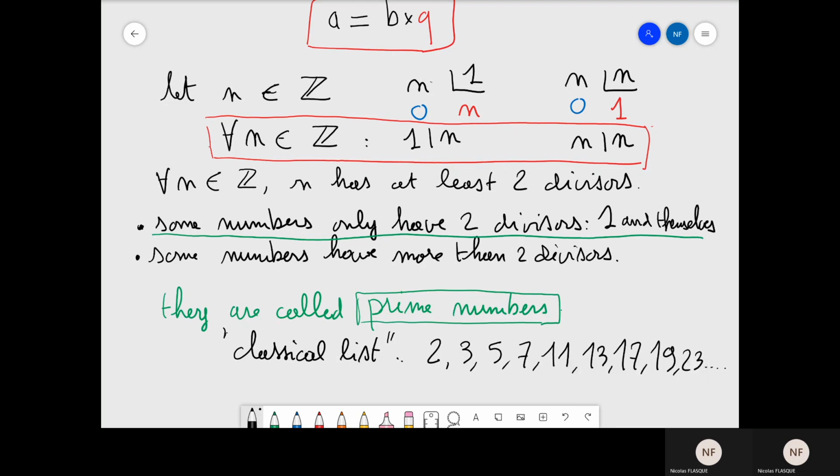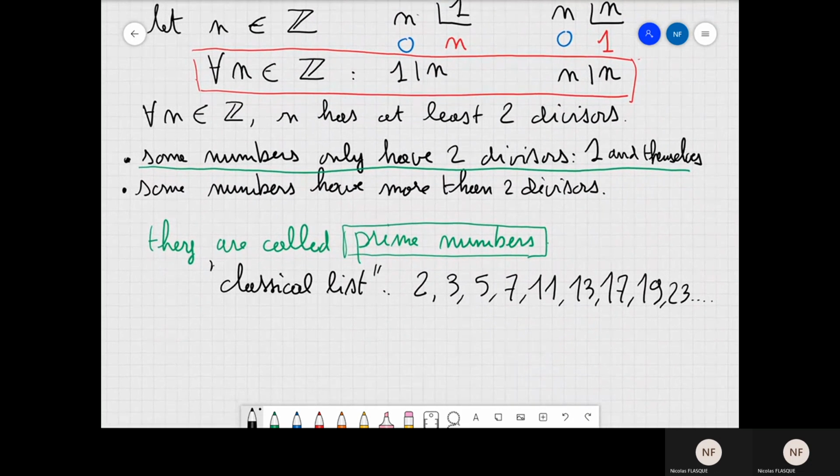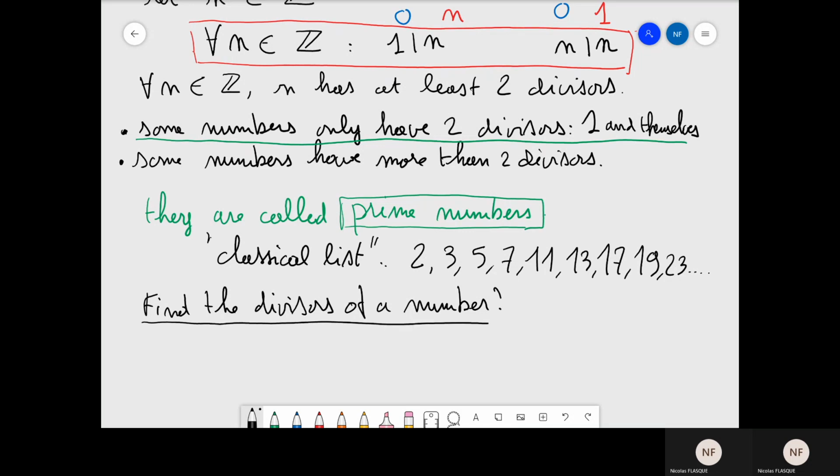For the other numbers, we can try to check what their divisors are. So how to find the divisors of a number? This task is quite easy if the number is not too high. Let's say for numbers inferior to 1000, you can try to find the divisors.